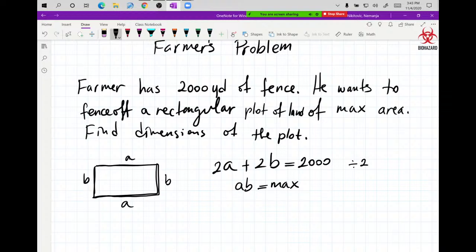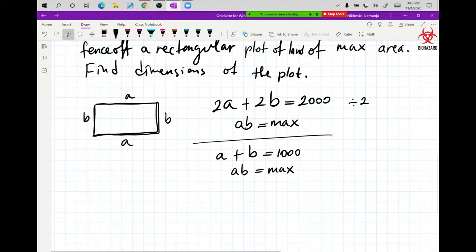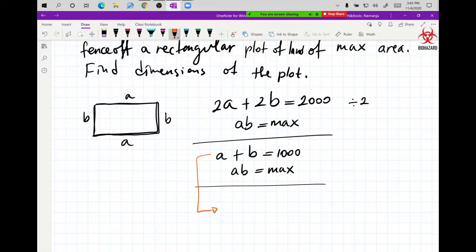Divide the top by 2 to reduce the numbers down, and ta-da! This is the same problem we had before: x plus y equals 16, a plus b equals 1000. There's absolutely no difference. Same steps. The equations eventually will look different, but it's always the same thing.